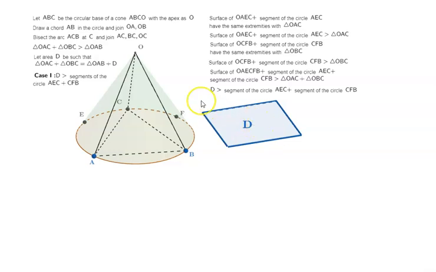D is greater than the sum of the segments of the circle AEC and CFB. That is our case 1 condition.